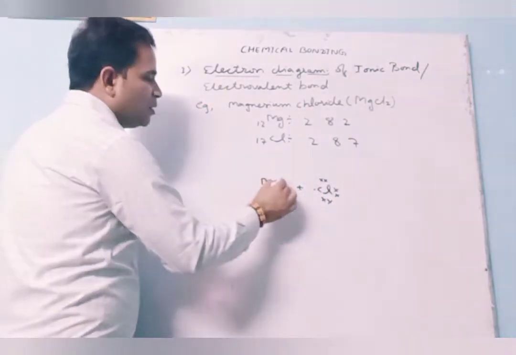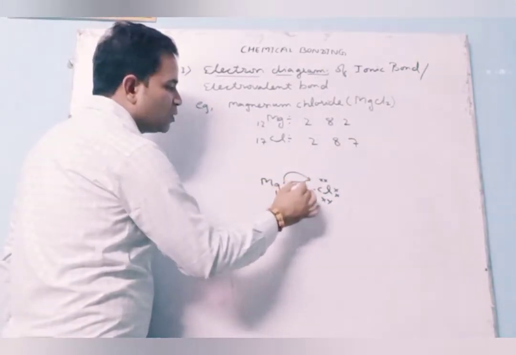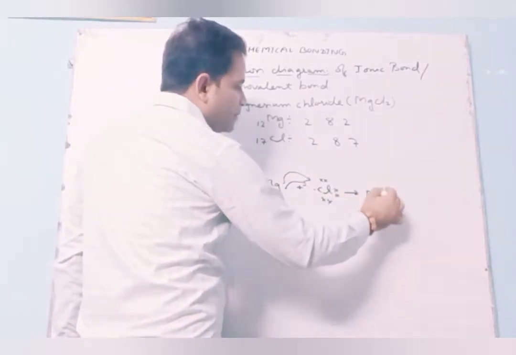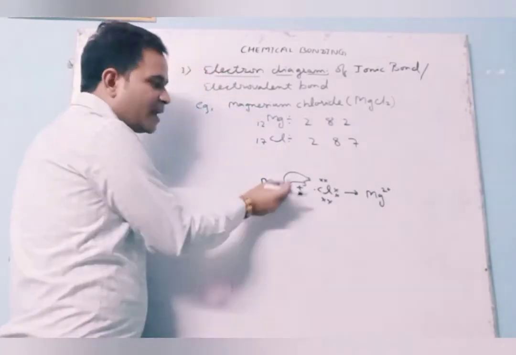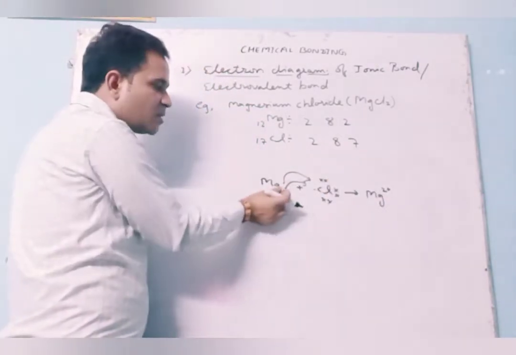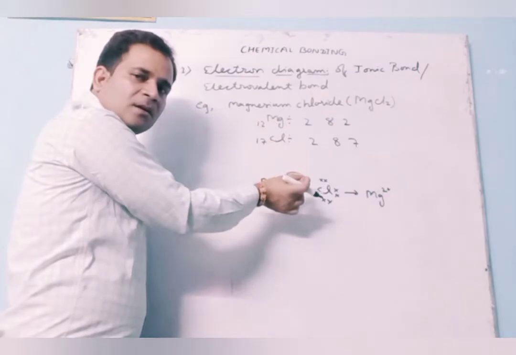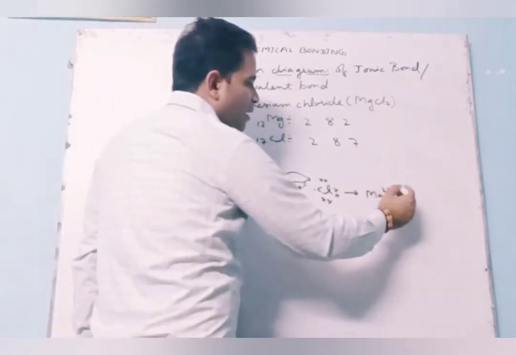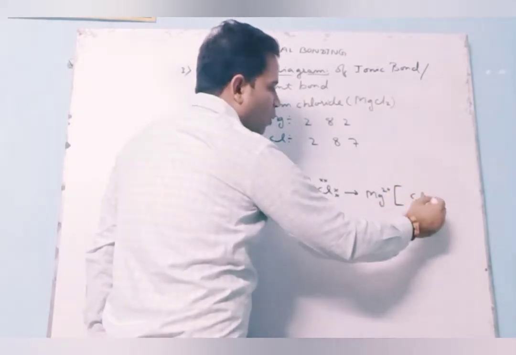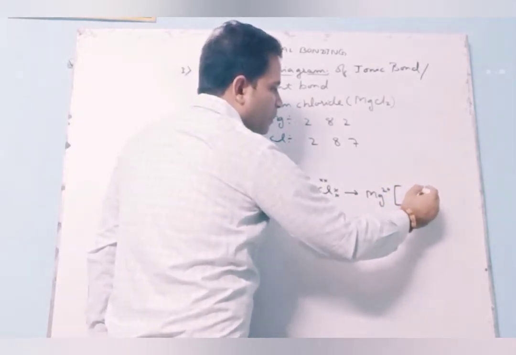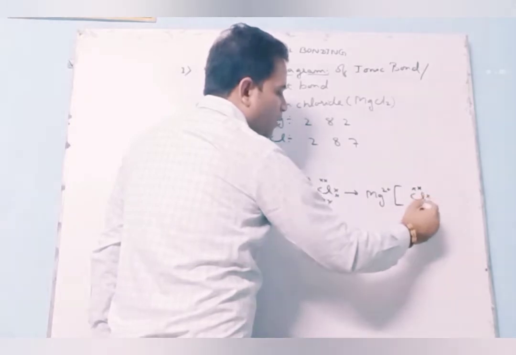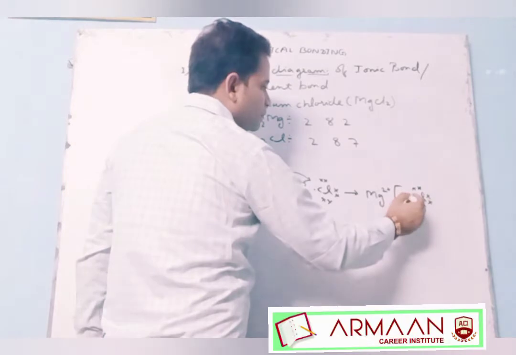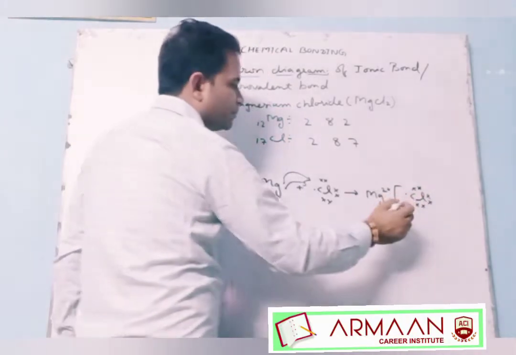So here the 2 electrons are lost by the magnesium. So see, Mg2 plus here. Why am I saying magnesium 2 plus? Because the 2 electrons are lost so that it fulfills the inert gas electronic configuration, and the chlorine gains 2 electrons from magnesium.